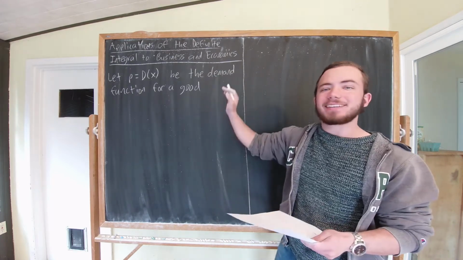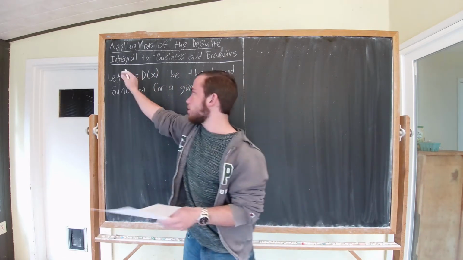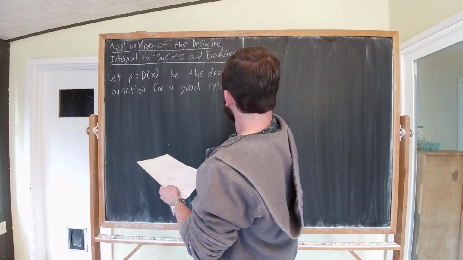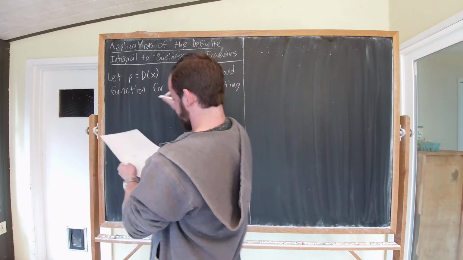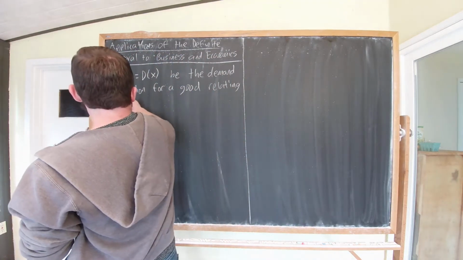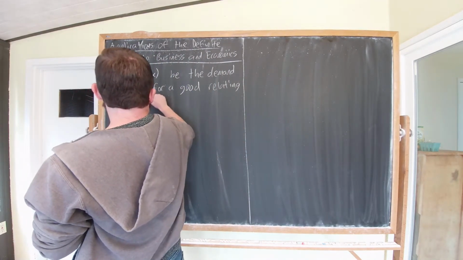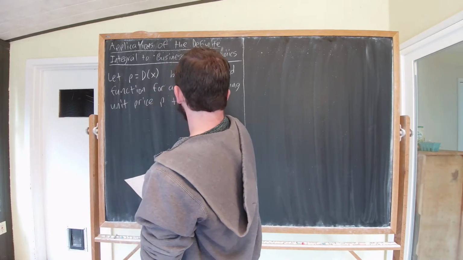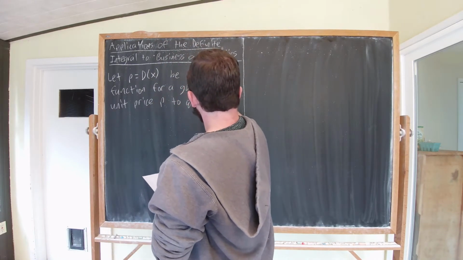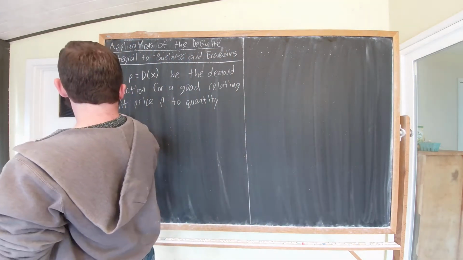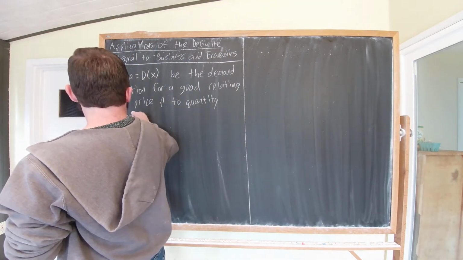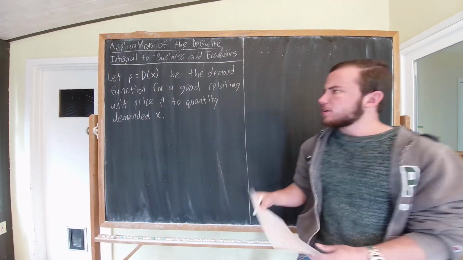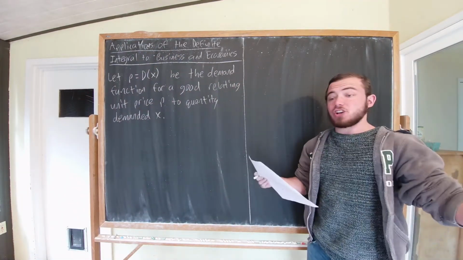Well, it relates demand for the good to unit price. More specifically, it relates unit price P to quantity demanded. Alright, so this is just a general demand function.